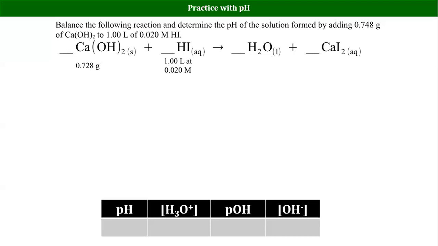If we want the pH, what do we do? This is the concentration of the acid, so we don't have to deal with pOH. We do have to do what though? Take the negative log of it.